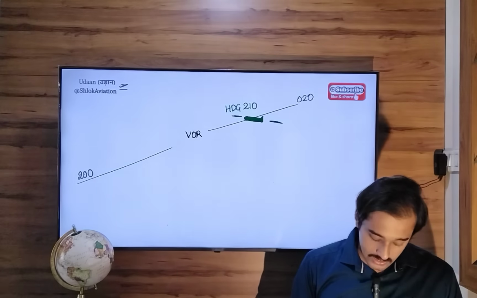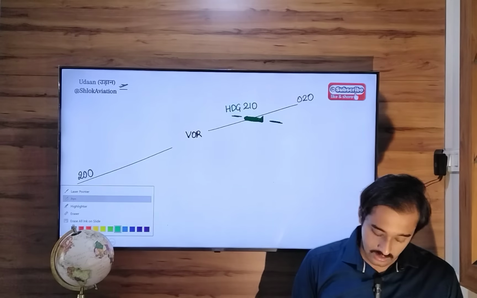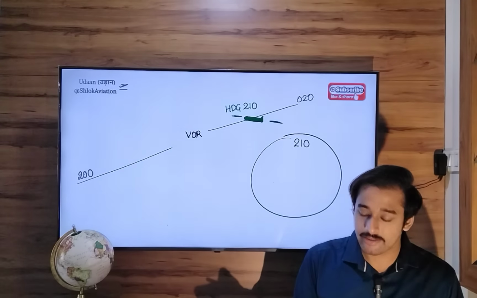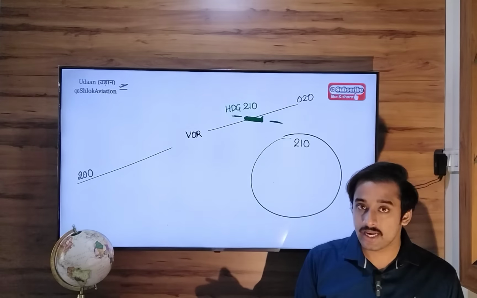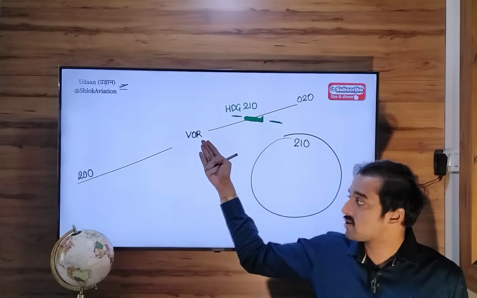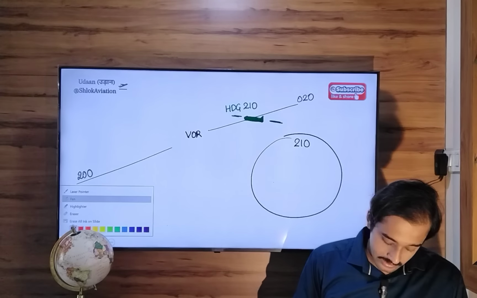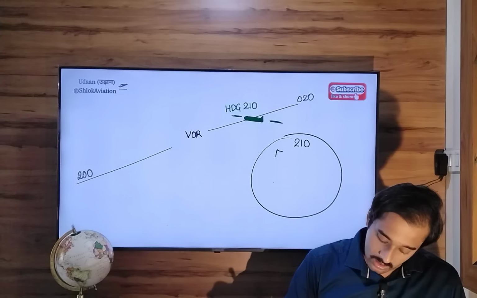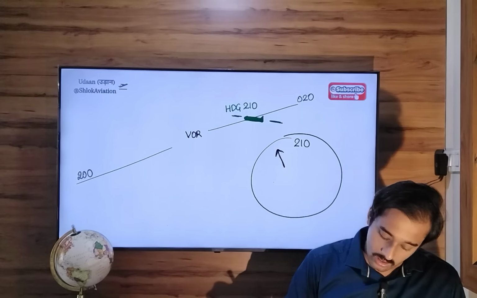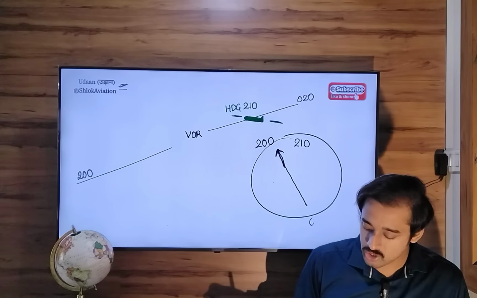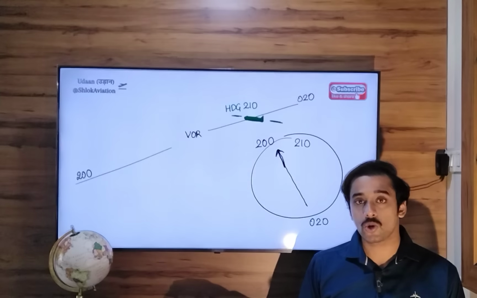So in this case, your RMI should be showing an indication of 210 heading. The tip of the needle should be pointing towards the VOR, which is 200, and the tail should be pointing at the radial, which is 020.